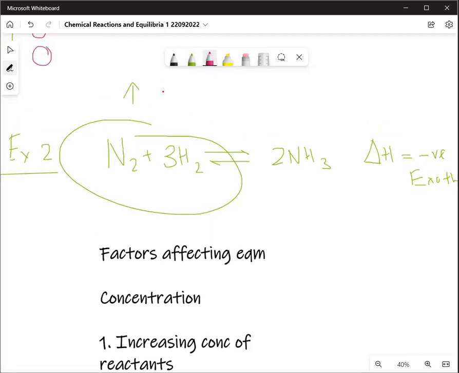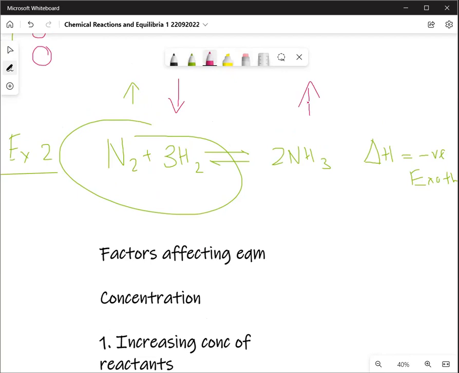Decreasing these, yeah. If I increase this, the reaction will want to decrease this, because it wants to go back to original. So when you increase one side, the other side will decrease, and when you increase the other side, the opposite side will decrease. If I want to decrease this, then this will have to increase.